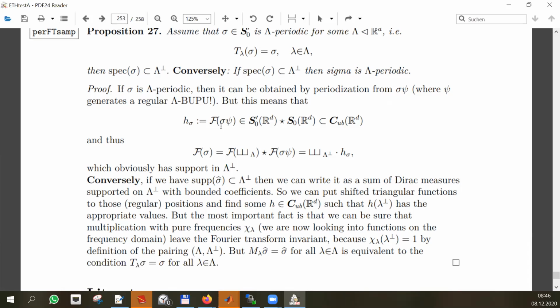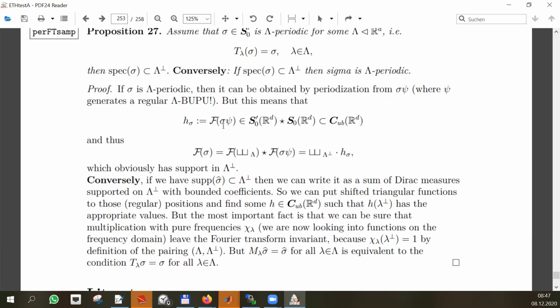And I'm just saying, well, that's a good idea, but it's not perfect. It's better to take a smooth BUPU, because then the good properties of your overall sigma will be encapsulated better in this smooth localization. We will do this again in a moment in a more general situation. So I call this H sigma, the Fourier transform of this guy.